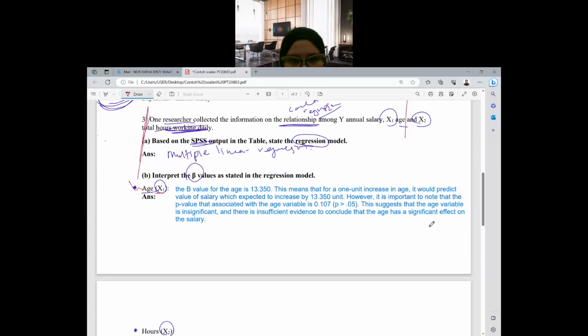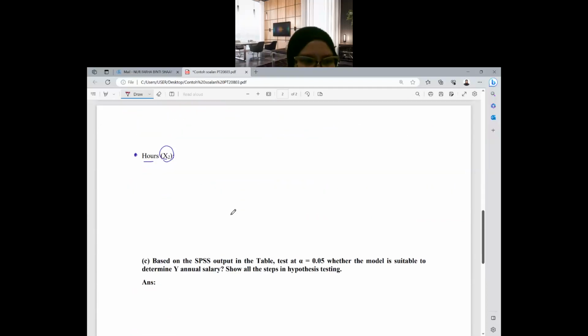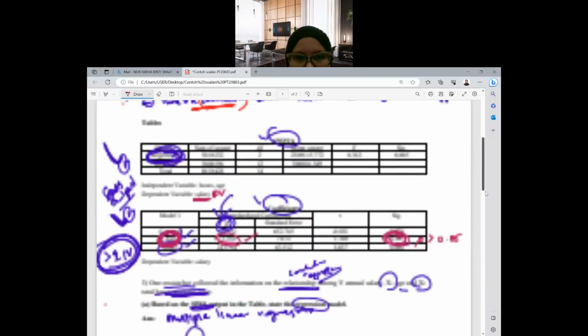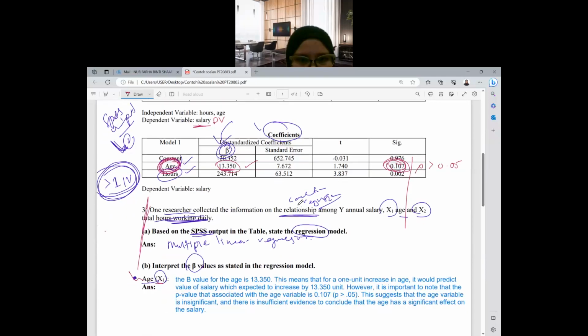Hours is denoted as x2. It is the same procedure that you need to look at the value of beta, about 243.714. So this is the beta value for hours.